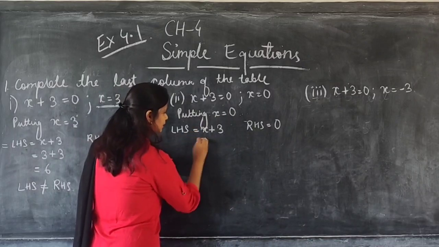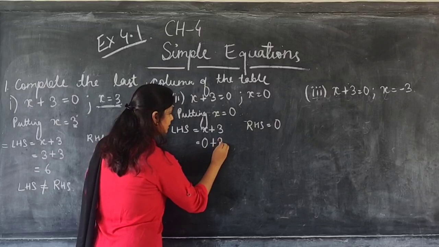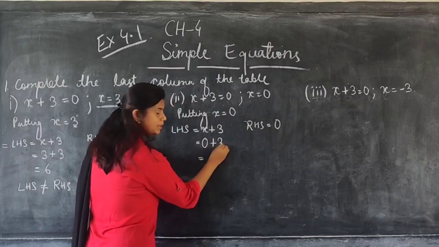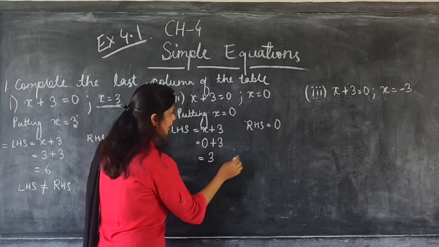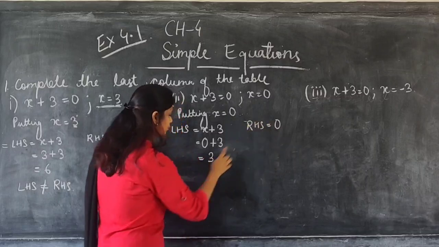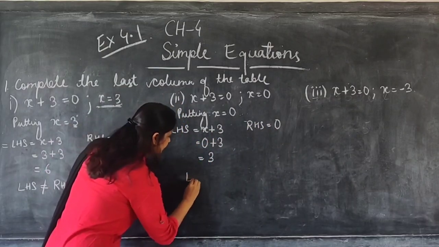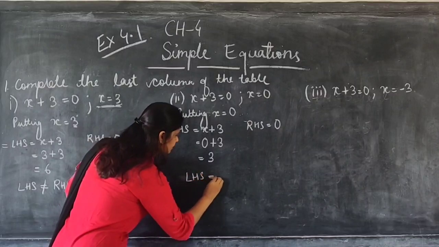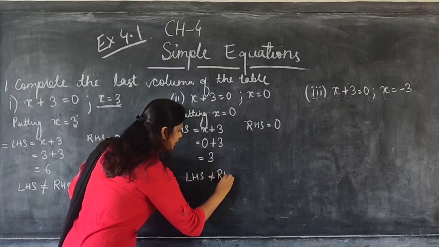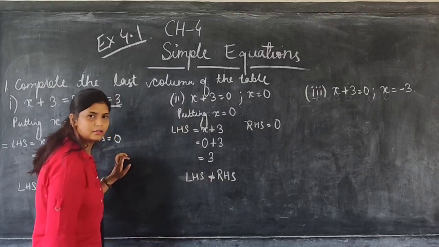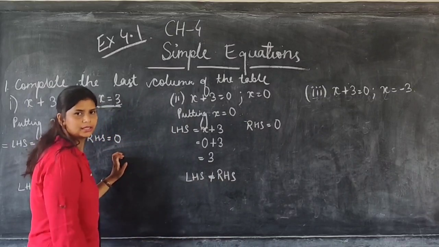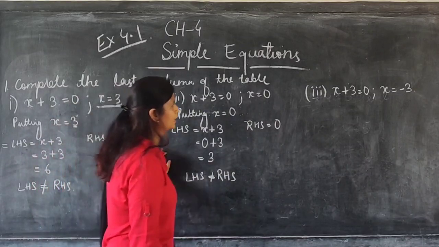So put 0 instead of x, then plus 3. 0 plus 3 is 3. And here your right hand side is 0. So left hand side and right hand side are not the same. So write left hand side is not equal to right hand side. And in the column you will write no, it does not satisfy.